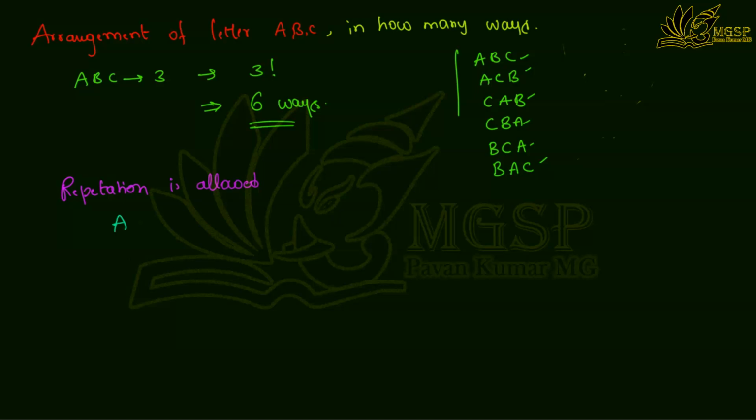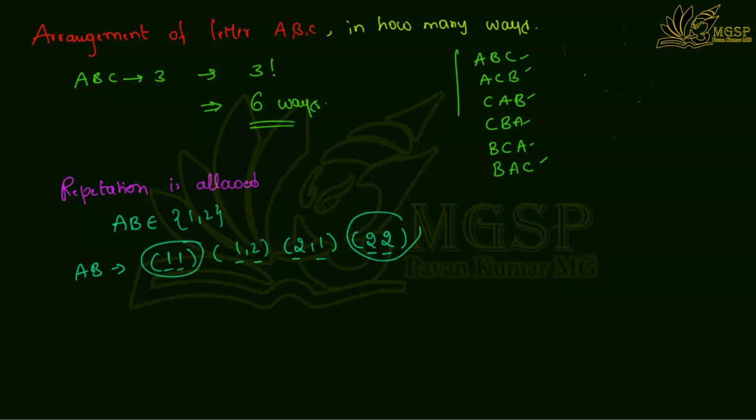Suppose A, B belongs to {1, 2}. So AB can be arranged as (1,1), (1,2), (2,1), (2,2). Here you can see there is a repetition of a term again and again in the same sequence. See, (2,2) is present again, and (1,1) is present. So these two are the repetition terms.